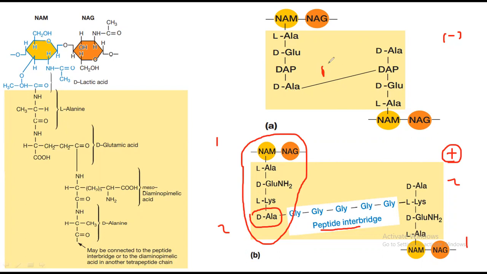Here is a peptide bond, because when two amino acids are connected to each other, they are connected with the help of a peptide bond. So keep this in mind.